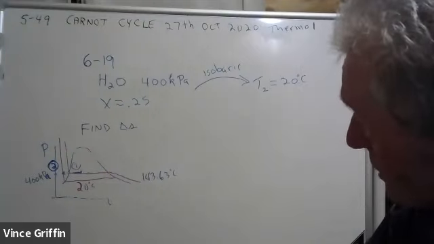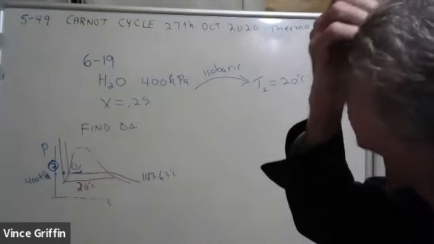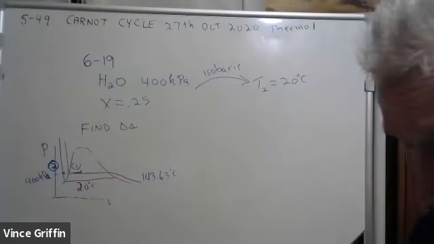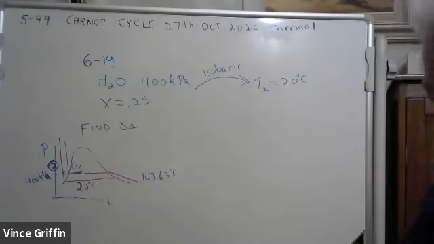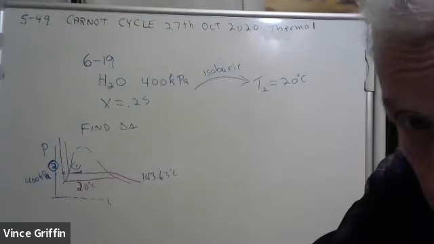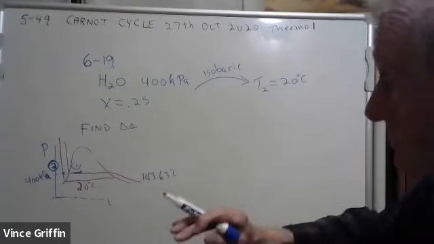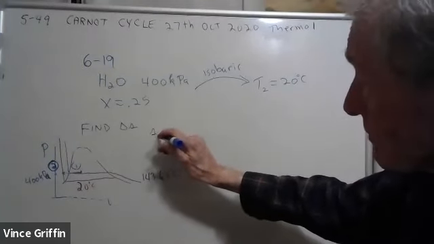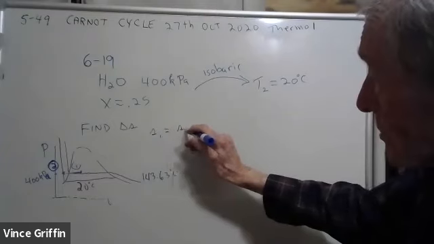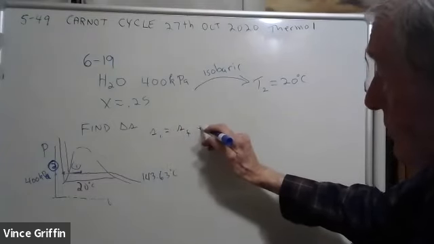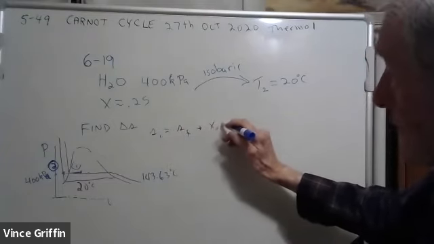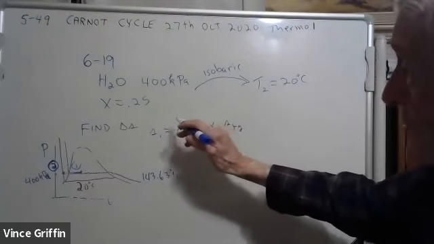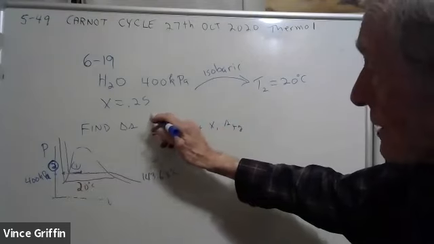Now they want to know what the change in specific entropy is. Well, I think we can do it. You have to use the tables. We're going to get S1. S1 is just like when you deal with V1.